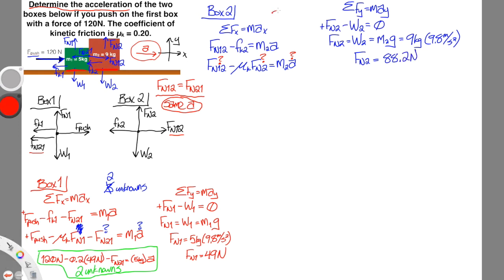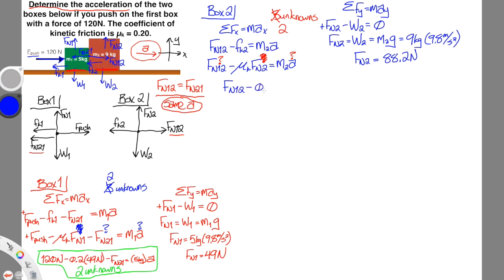So rather than having three unknowns up here, we now know Fn2, so we now have two unknowns. Plugging in some values based on what we have, we still do not know Fn12, so I'll leave that as Fn12.